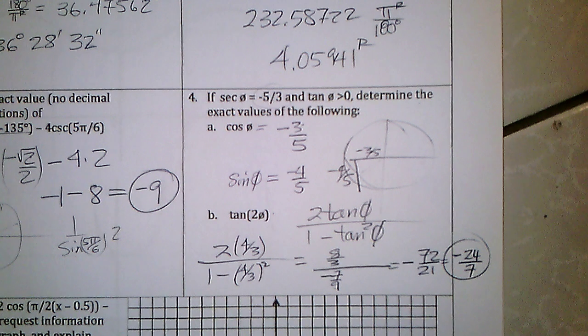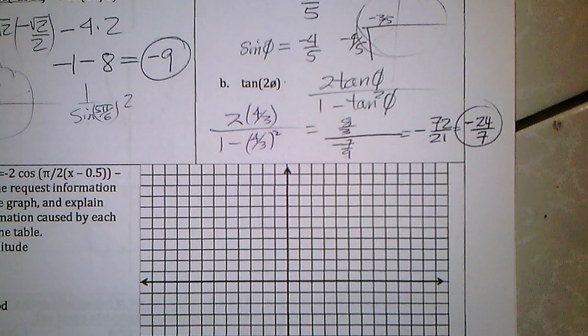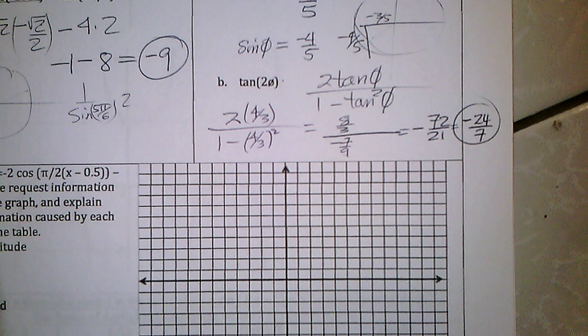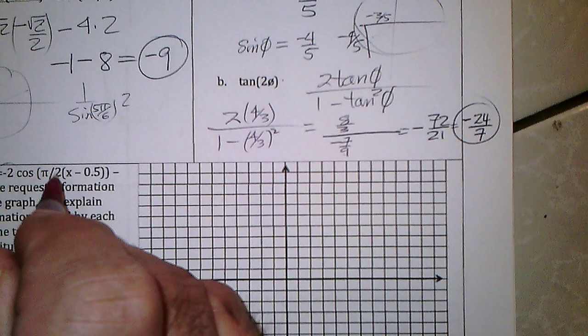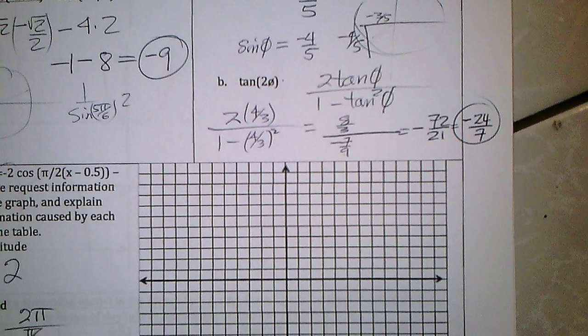Okay. Graph this. So the amplitude is 2. The period is 2 pi, the normal period, divided by the coefficient here, pi over 2, which turns out to be 4.